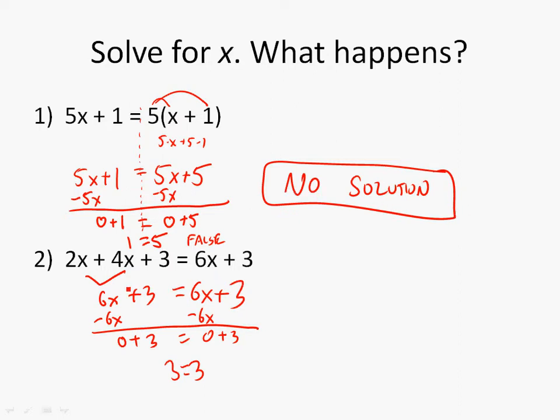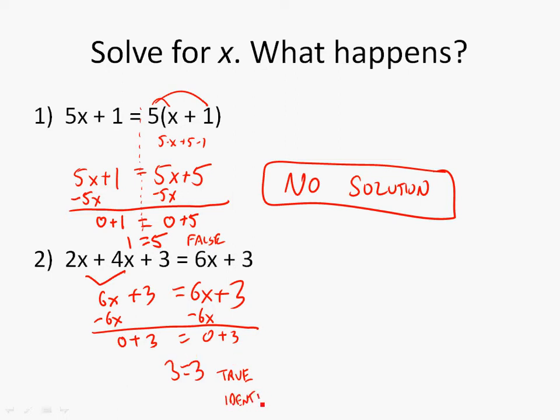Same thing with this one, we get 3 equals 3. Well, when I took the 6x's off both sides, I get an equation, 3 equals 3, that's always true. And that's also known as an identity.